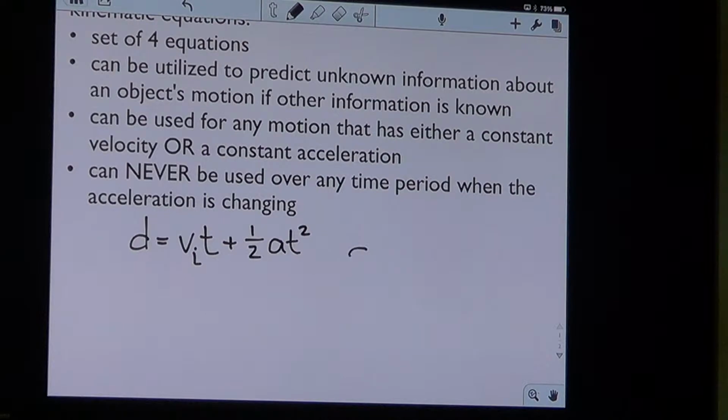That's 1. D equals V sub I plus V sub F divided by 2 times T.